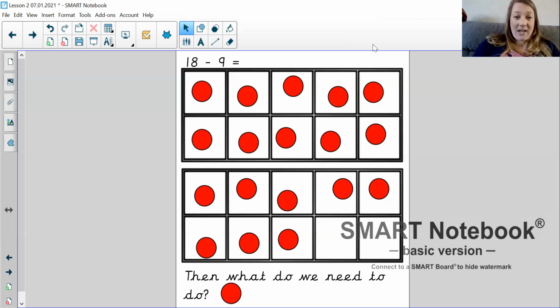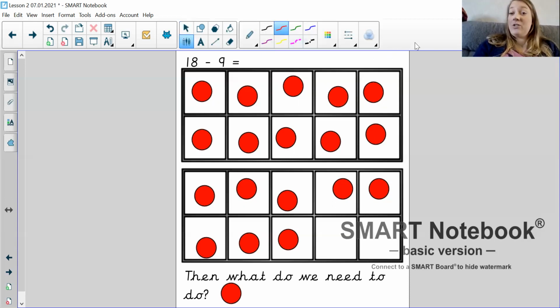Now remember, our learning objective wants us to use the crossing out method. So we're going to cross out 9 of them. 1, 2, 3, 4, whoops, 5, 6, 7, 8, 9.